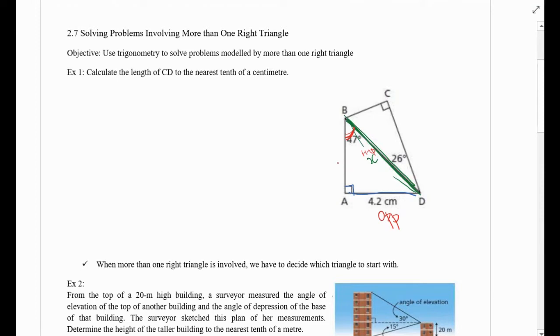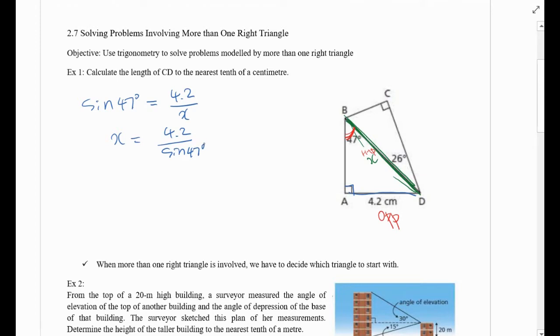So hypotenuse and opposite, OH. So we're going to use sine. Sine 47 degrees is opposite over hypotenuse. Okay, X is in the bottom. So X equals 4.2 over sine 47 degrees.